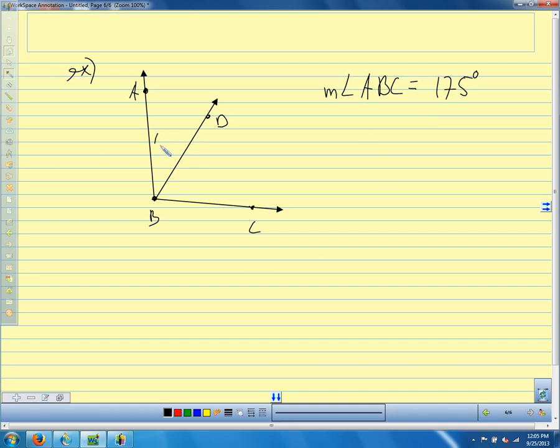And we know this is 6x minus 5, our favorite letter in math, and this is 4x plus 10.